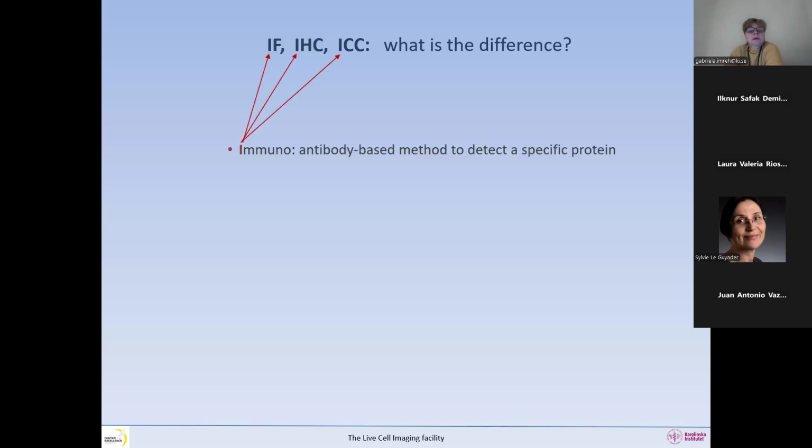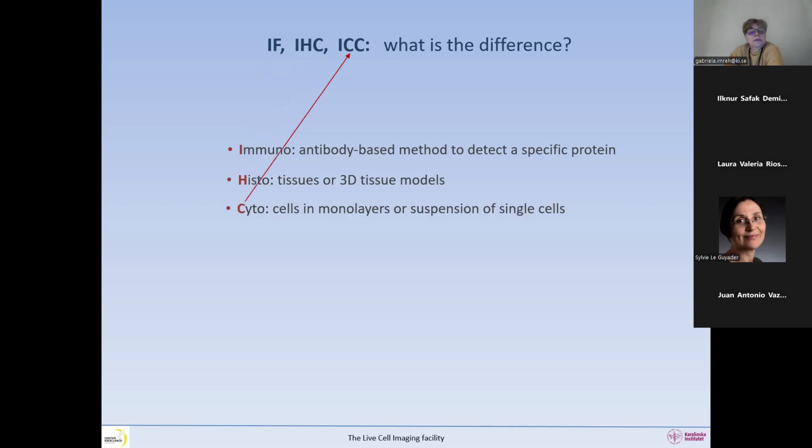The I in each word comes from the word immuno, which means that the technique we use is an antibody-based method to detect a specific protein or target. The H in immunohistochemistry comes from the word histo, which means that we will perform our immunostaining on tissues or 3D tissue models.